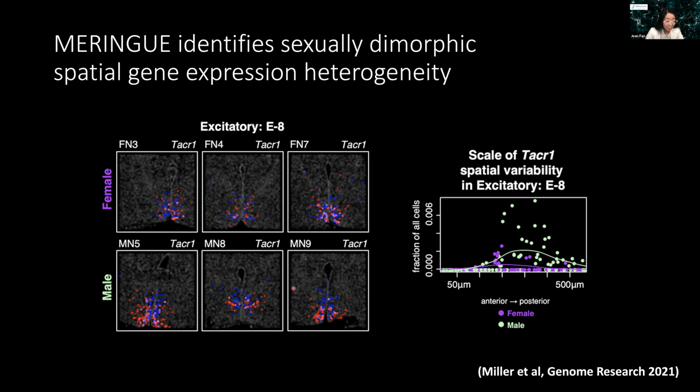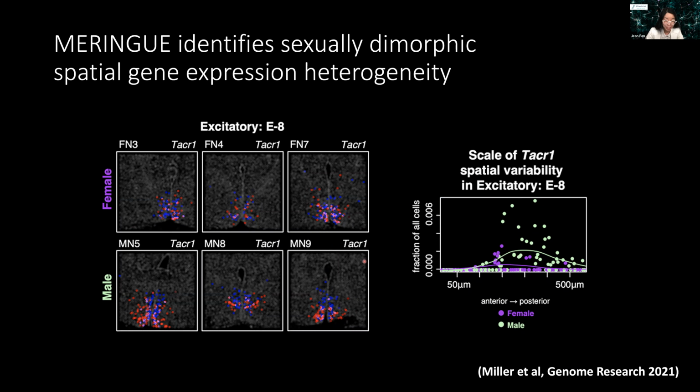Just visually, you can see that there's no significant difference between males and females in terms of the proportion of E8 cells that express TACR1, but there is a significant difference in their spatial organization. The E8 cells that express TACR1 tend to be aggregated spatially together in males, and more randomly dispersed in females.